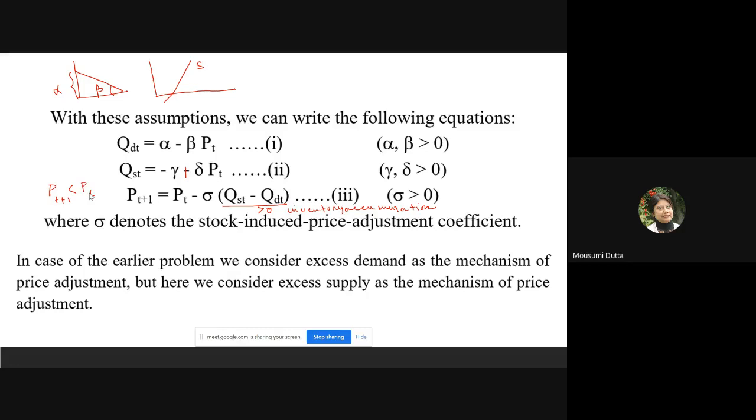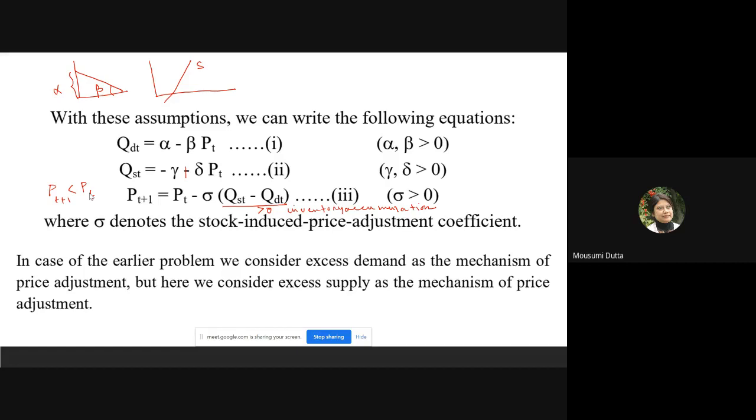Price of T plus 1th period will be less than price of Tth period, okay? So, price of T plus 1th period will be last period's price minus something. Last period price minus something. So price will be lesser.